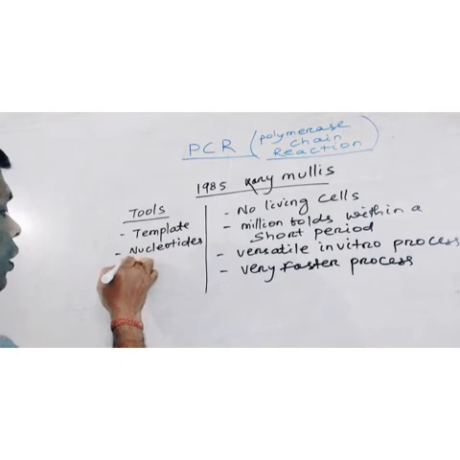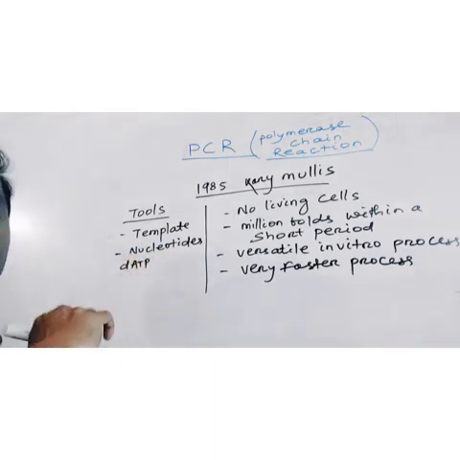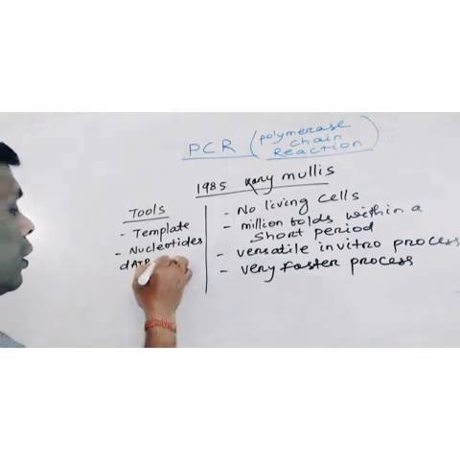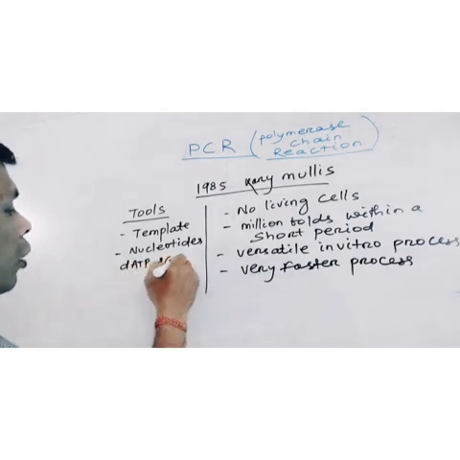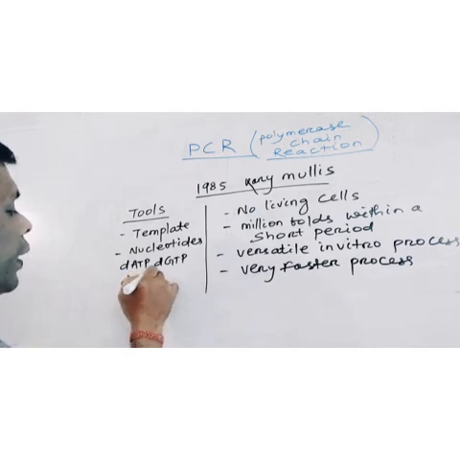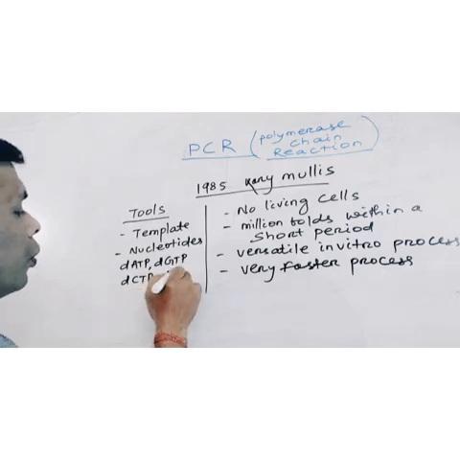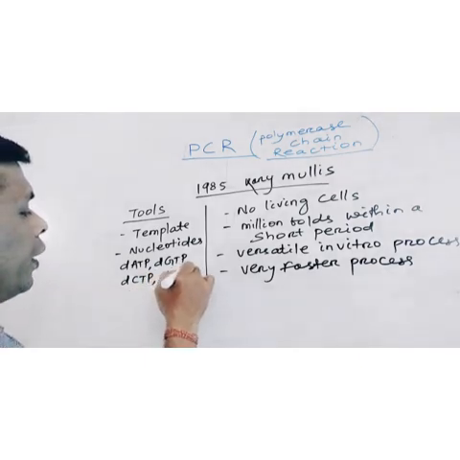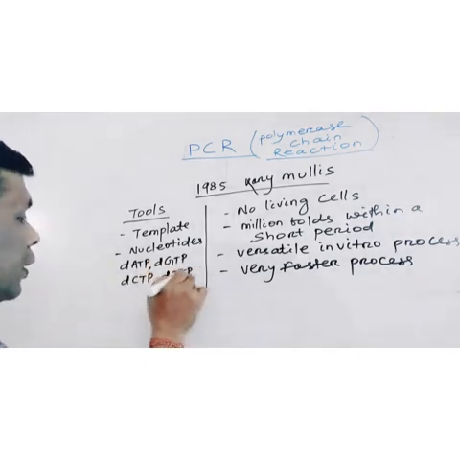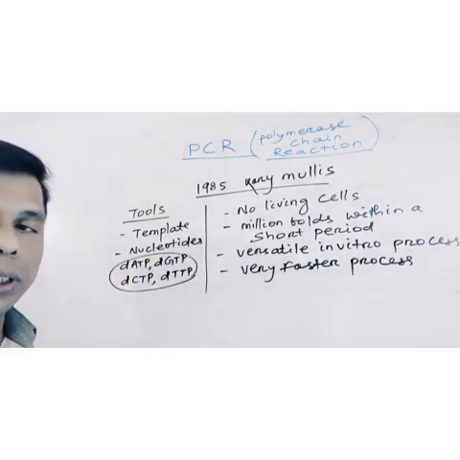That means deoxyriboadenosine triphosphate, deoxyriboguanosine triphosphate, deoxyribocytidine triphosphate, and thymidine triphosphate. Okay, these are the essential nucleotides for the process.